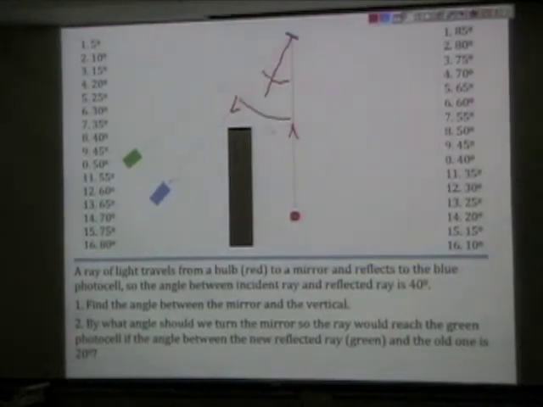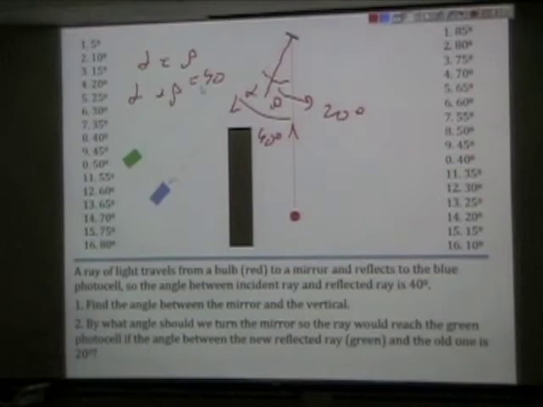So if this angle equals 40 degrees, the value of this angle is what? Supposed to be 20 because of the law of reflection, because law of reflection says this equals that, so alpha equals beta. However, alpha plus beta equals 40. That's the actual mathematics behind this question.